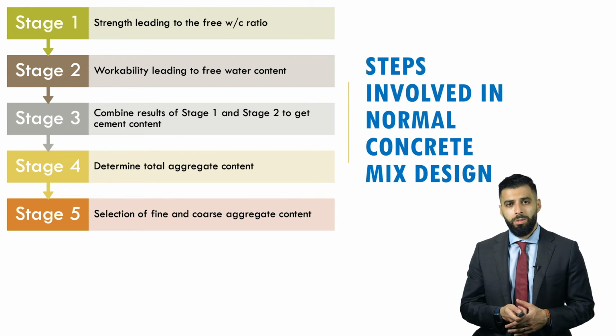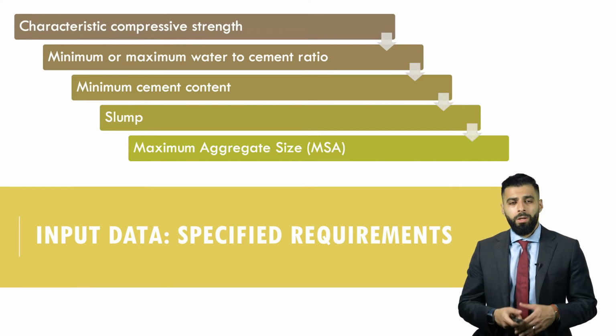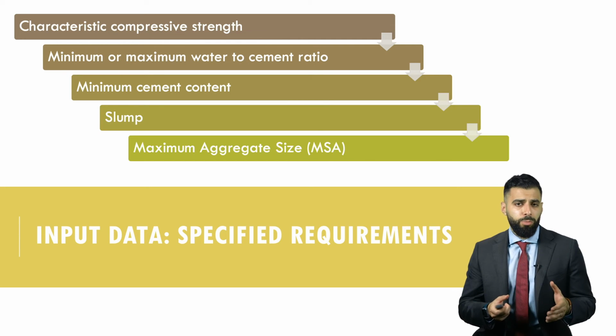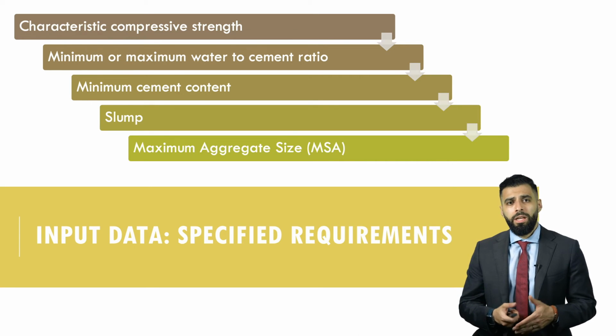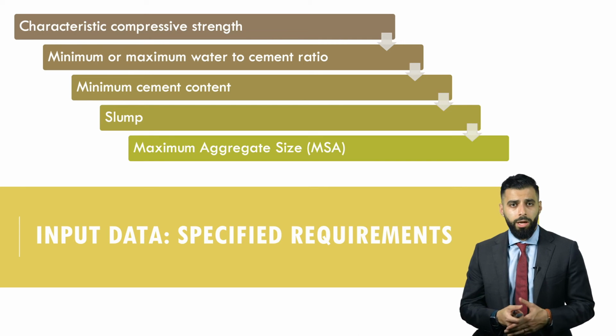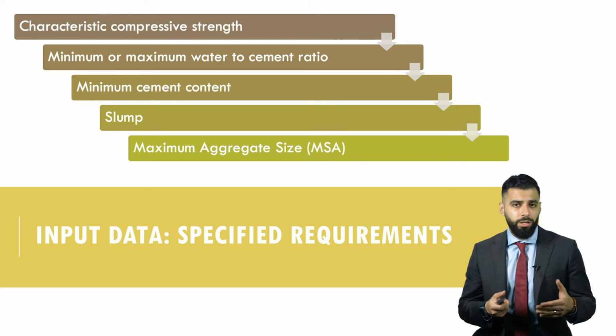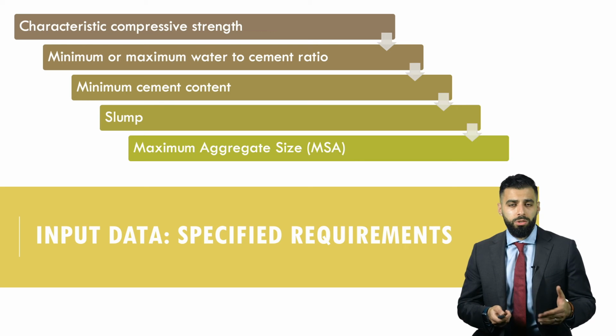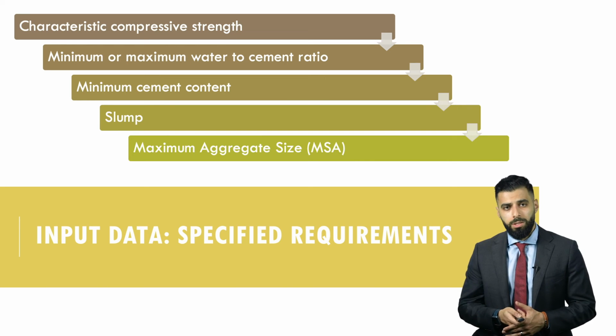In terms of input data that you would need at any of these stages, you need your characteristic compressive strength, which has to be provided, as I said, by the client, the minimum or the maximum water to cement ratio that the client would accept for the project, the minimum cement content, the slump level, and the maximum aggregate size that the client desires to use in the concrete mix.